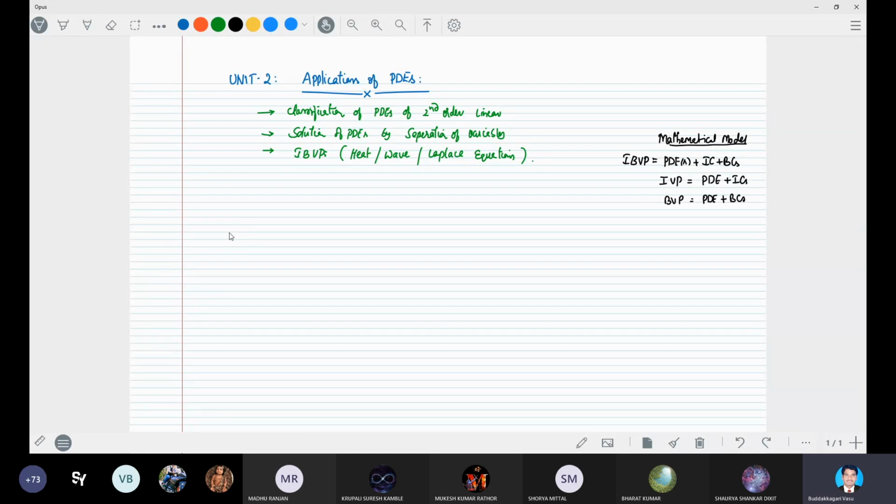Okay, right. So already we said that Fourier series is one of the tools to solve the linear homogeneous PDEs corresponding to the boundary and initial conditions. This method is known as the Fourier method or separation of variables.